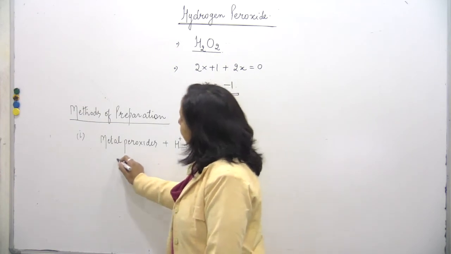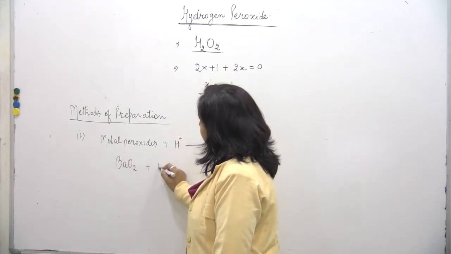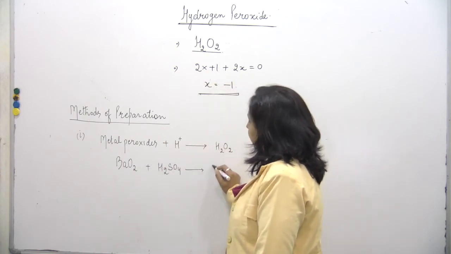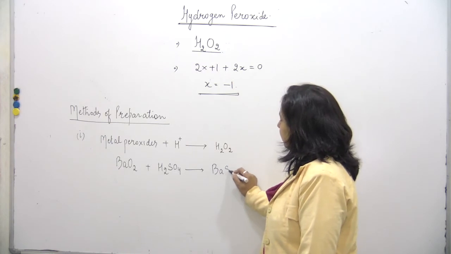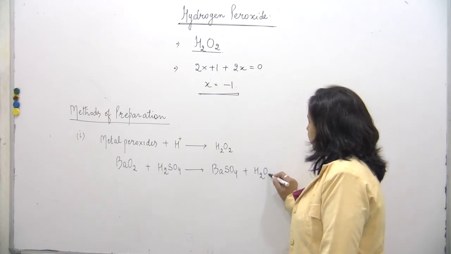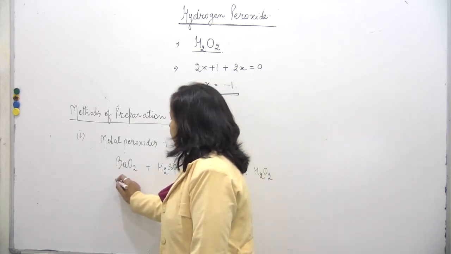For example, if it is barium peroxide, BaO2, plus sulphuric acid, which is an acid, we get the formation of barium sulfate plus hydrogen peroxide. You can complete the reaction.